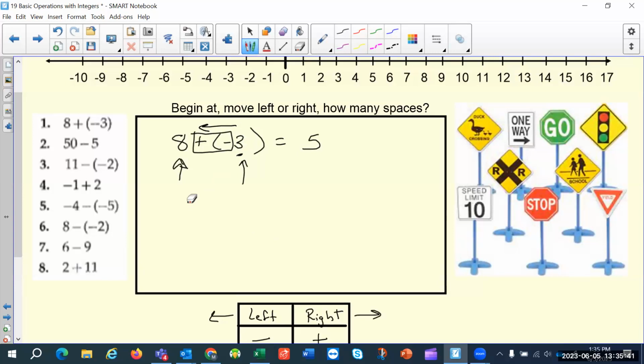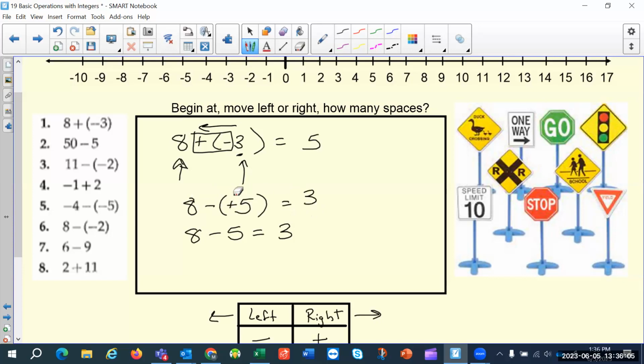What would be the difference really if we wrote 8 minus 5, but put a positive in front of it? What if we wrote 8 minus positive 5 instead of just 8 minus 5? Well, we know 8 minus 5 is 3, but 8 minus positive 5 is also 3.